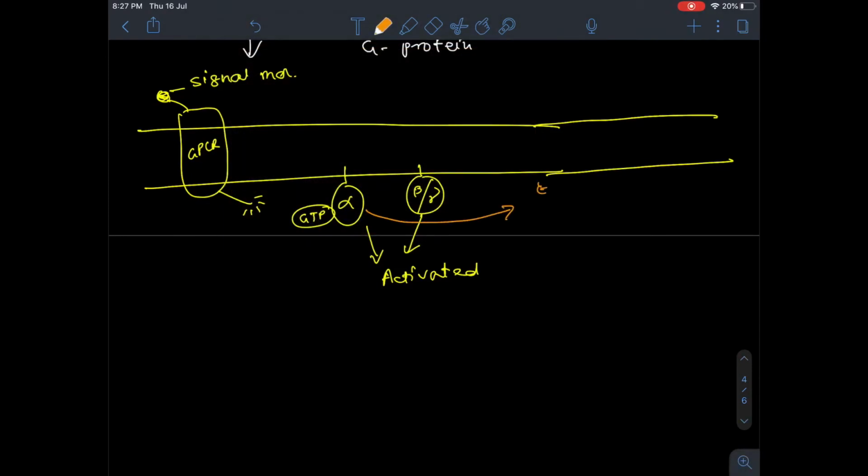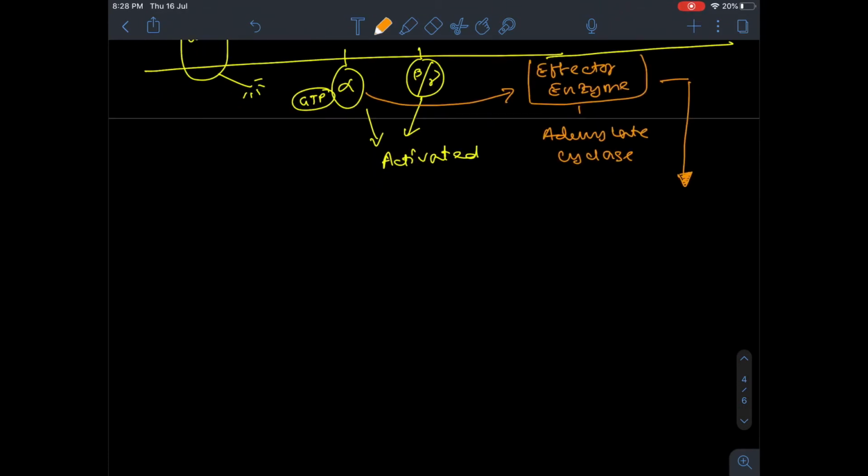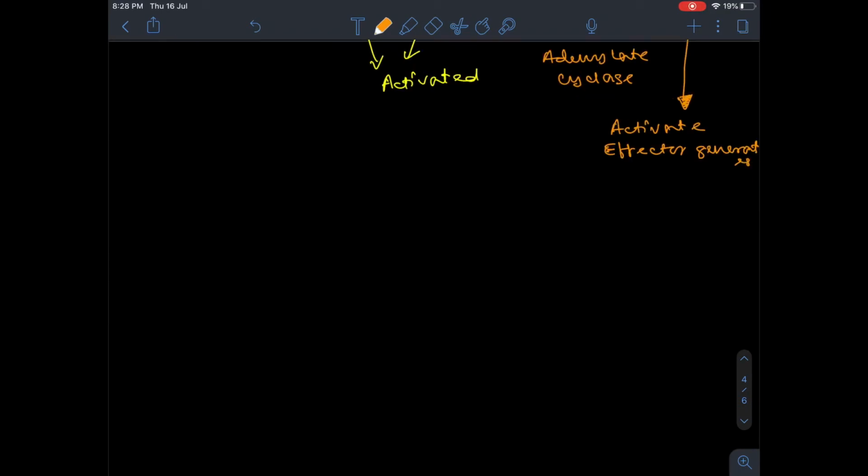Now this alpha GTP will go and bind to some effector enzymes. Let's say one example is adenylate cyclase, and when adenylate cyclase is activated by this alpha GTP, it will cause the production of secondary messengers. So active effector enzymes are generating secondary messengers.